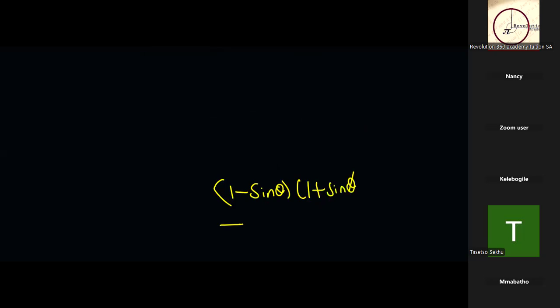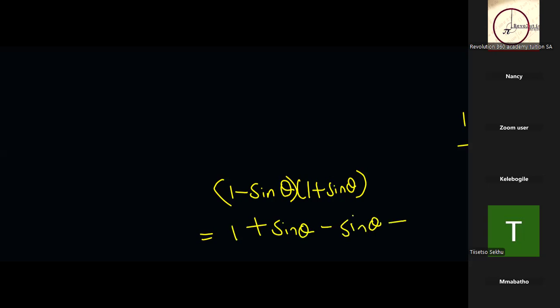Let me show you how. So you'll say 1 times 1 is 1. 1 times plus sin theta is plus sin theta. Minus sin theta times 1 is minus sin theta. Then negative times positive is negative. Sin theta times sin theta is sin squared theta.